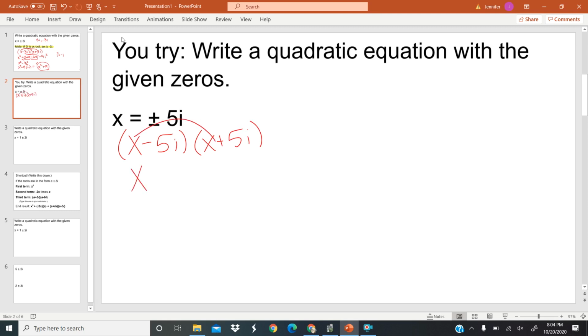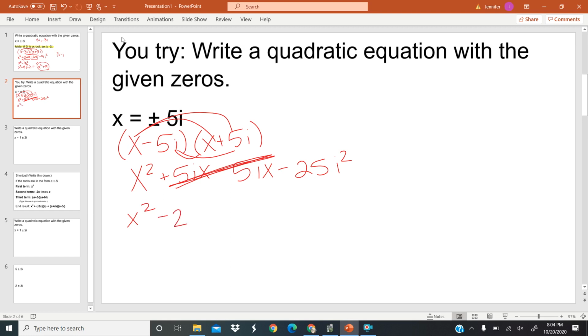So x times x is x squared. x times 5i is plus 5ix. Negative 5i times x is minus 5ix. And negative 5i times positive 5i is negative 25i squared. So then the positive 5ix and the negative 5ix are going to cancel. And you'll have x squared minus 25i squared.